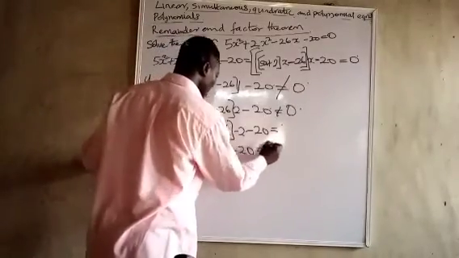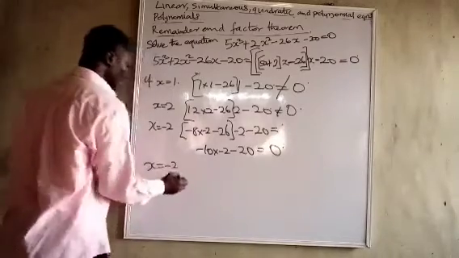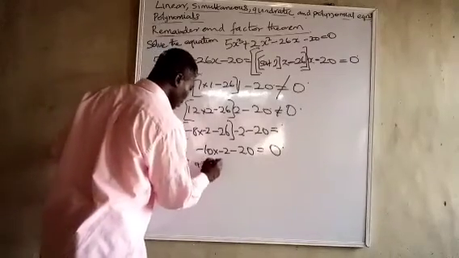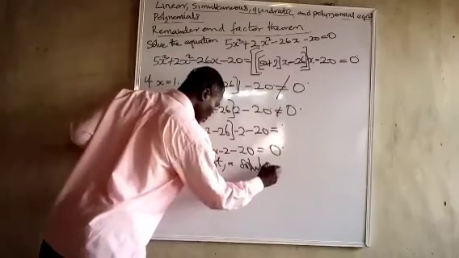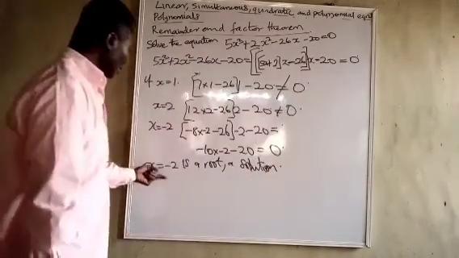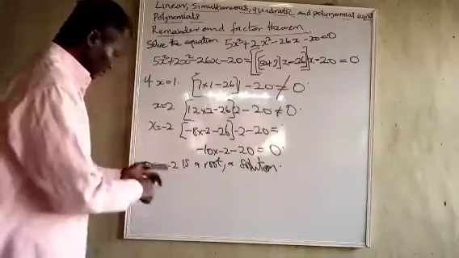Minus 20. That is 0. So, therefore, x equals minus 2 is a root. It's a solution. So from there, I will now use this to divide this expression so that I'll be able to get the other ones.